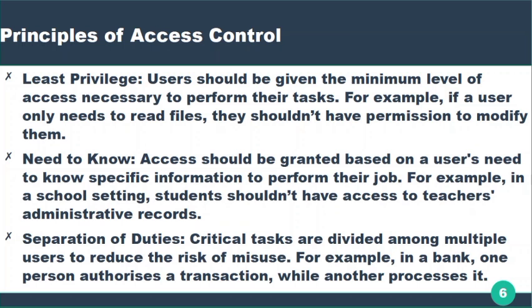For least privilege, users are given just the minimum amount of necessary information to perform their tasks, the minimum level of access. So if a user only needs to read files, he will be able to only read files, not write.